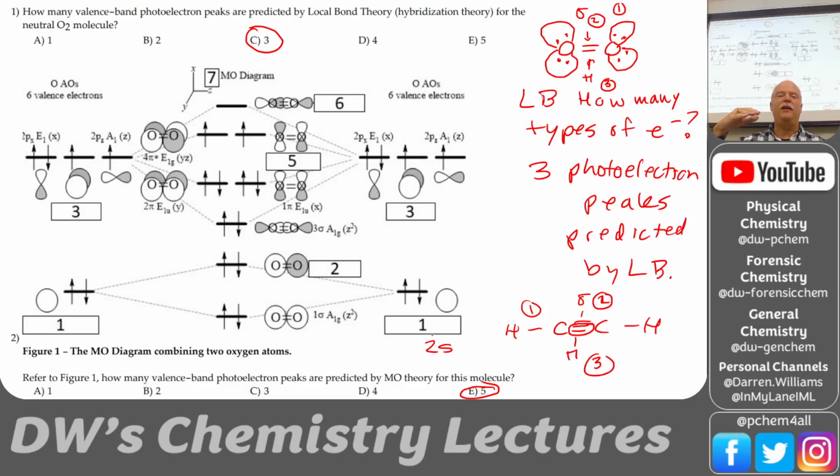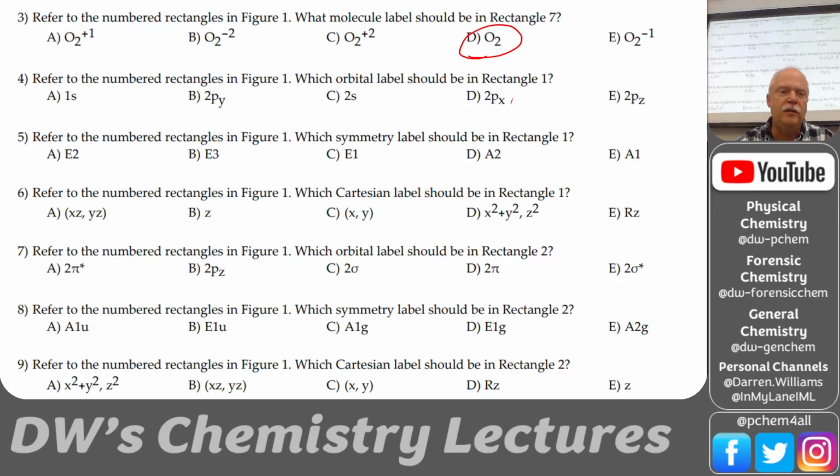Once I zoomed in to just the valence band, you could no longer see the 1s orbitals. That's why we can use UV light to get the molecular orbitals, but we have to use X-ray light to get the core, because they're much lower in energy. So the 2s is the answer here.